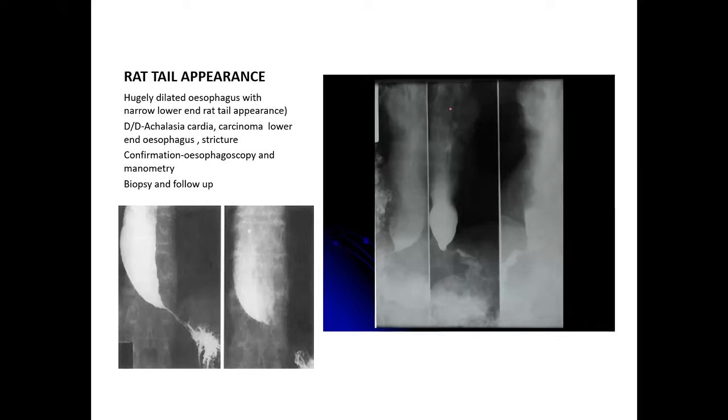Now, what is your differential diagnosis? Achalasia cardia. I told you the findings in achalasia cardia. You see a proximal dilated esophagus, narrowing with a bird beak or rat tail appearance.